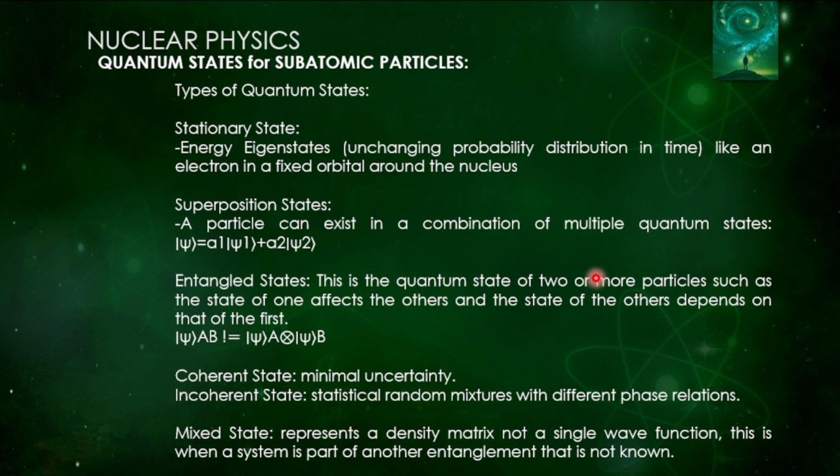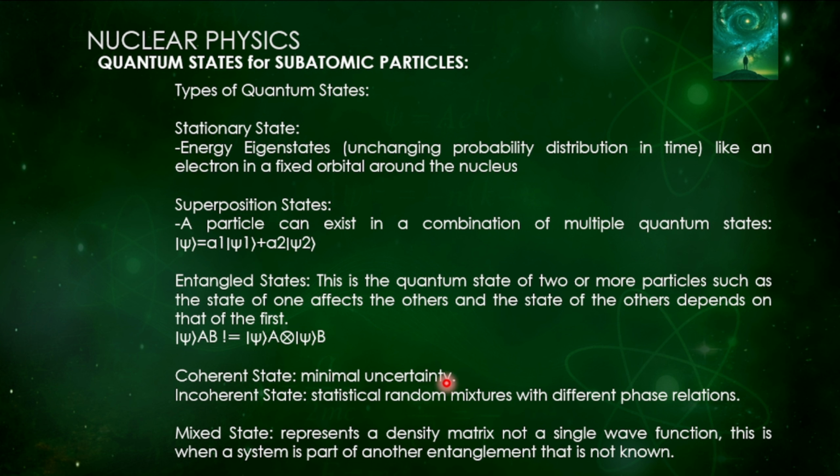Why? Because they are connected, they are interdependent state-wise. The state of one affects the other and they depend upon each other. That's why we call it an entangled state, because they are entangled together. The change of the state of one particle affects all the other particles.